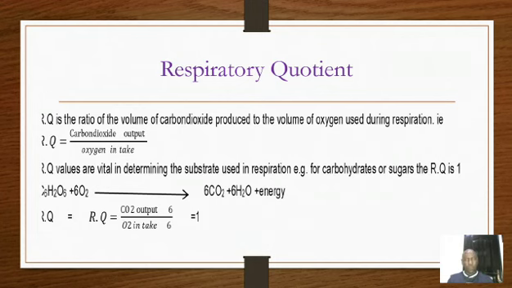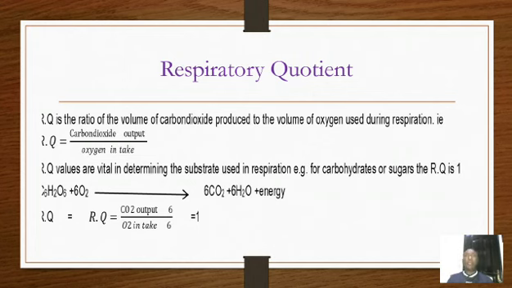Therefore, the ratio of the volume of carbon dioxide liberated to the volume of oxygen used during respiration is what we are calling respiratory quotient. It is the ratio of carbon dioxide liberated to the volume of oxygen used during respiration. That is why we simply calculate it from that expression, carbon dioxide output over oxygen intake.